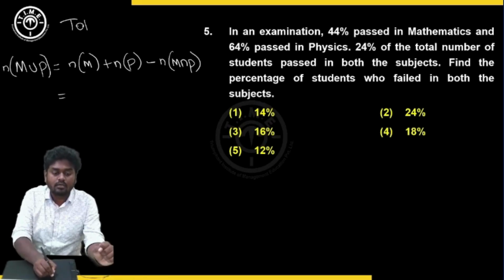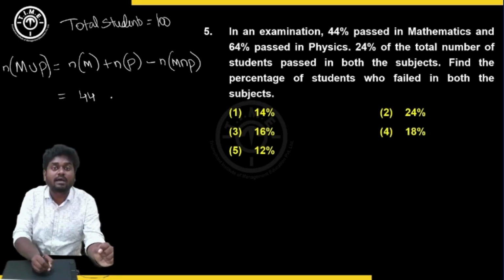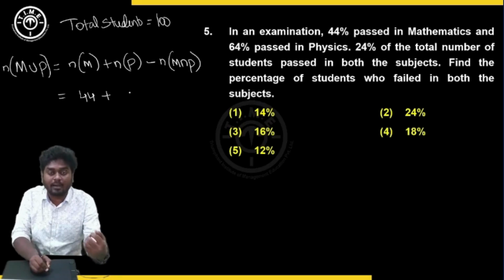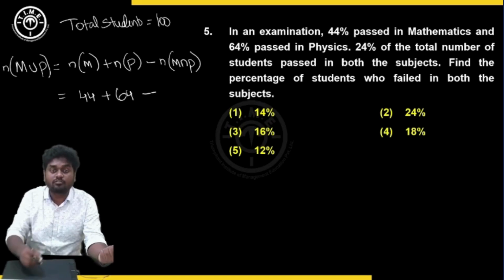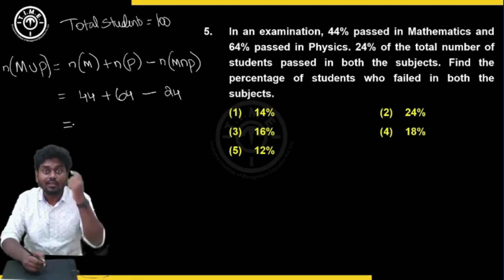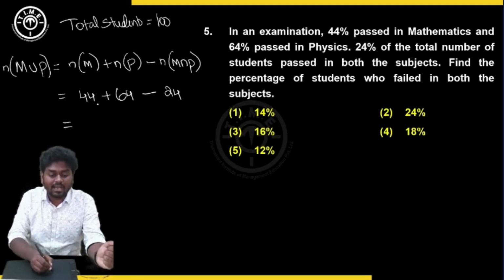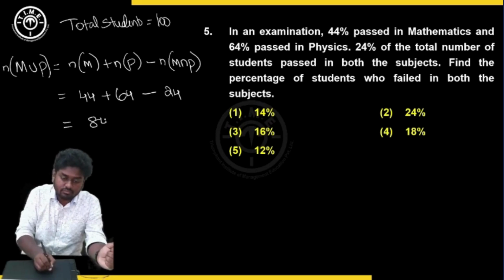When we assume 100 students, number of people who passed in maths is 44, plus number of people who passed in physics, that is 64 students, minus number of students who passed both the subjects, 24. Correct? So if we add these we get 108, and if I subtract 24 I get 84.